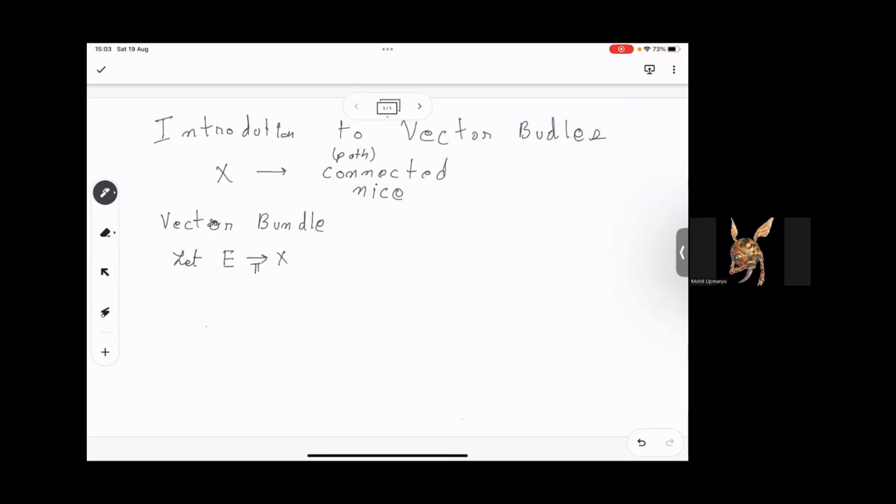This map pi along with the space E is said to be a vector bundle, which I'll always shorthand as VB from now on.